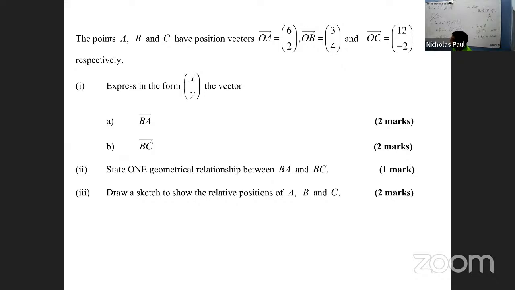I can see the collinear as well. Work it out. You have to see if they're parallel or not. Did you find BC and AB? Yeah. Right, see the parallel. And then do a little sketch to show where they are.